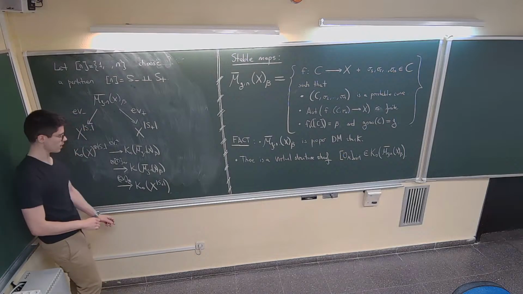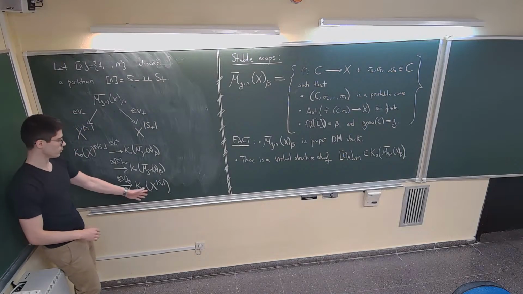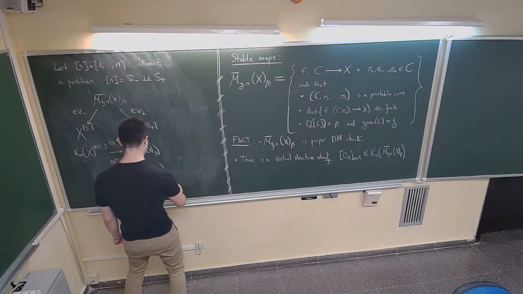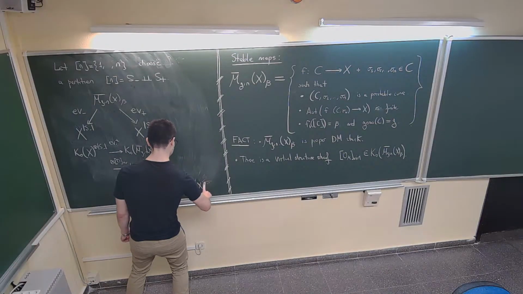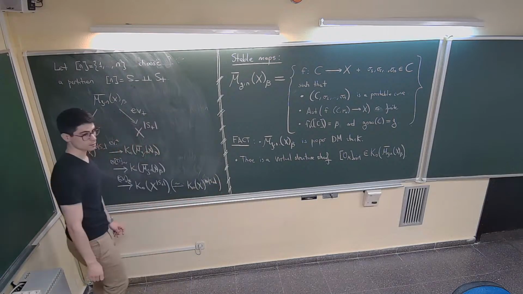And in nice situations, the situations that I'm going to care about, you can think about this as K0 of X tensor X. There are ways of getting around this.